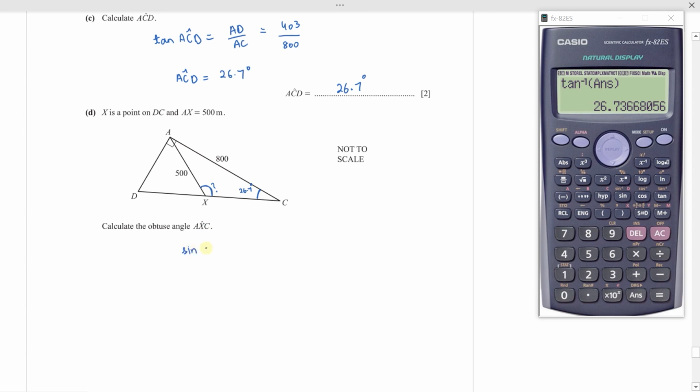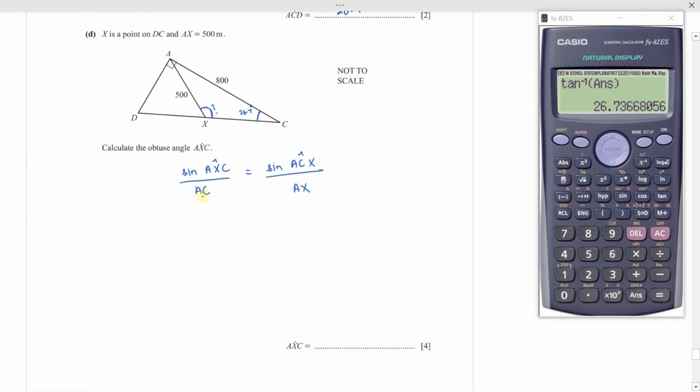So sine of angle AXC over AC will equal sine of angle ACX over the length AX. So now we can substitute the values here. AXC is unknown over AC is 800. Sine of ACX will be sine of 26.7 over AX is 500.